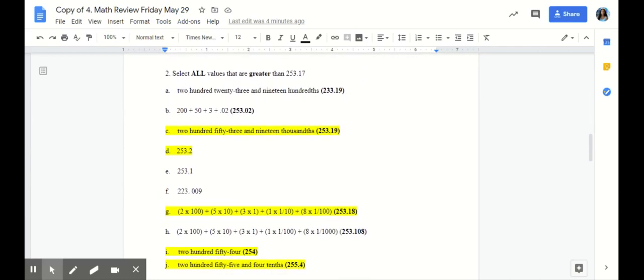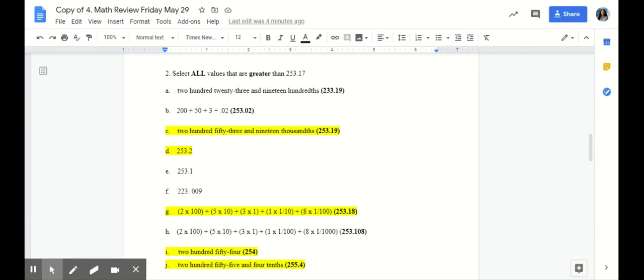Problem number 2, select all values that are greater than 253 17/100. So you'll notice that there are a few choices that are in written form or in expanded form.